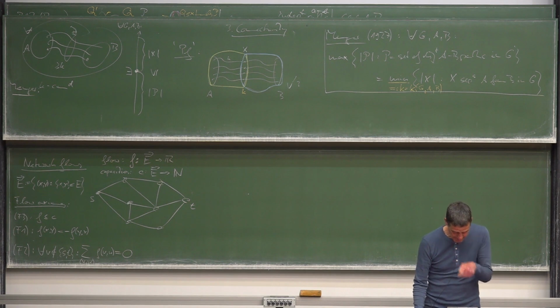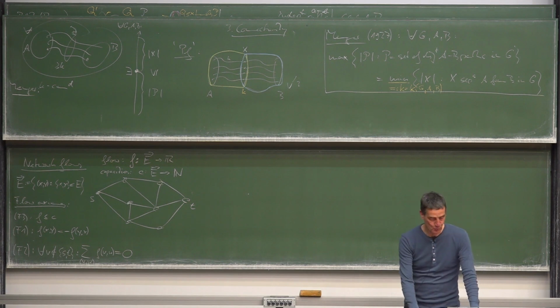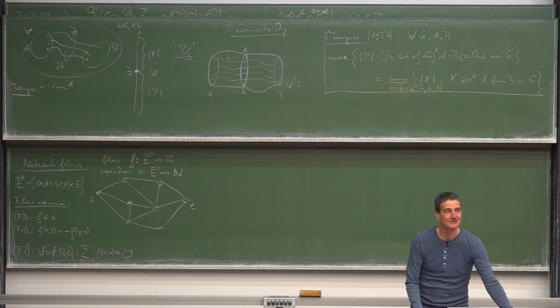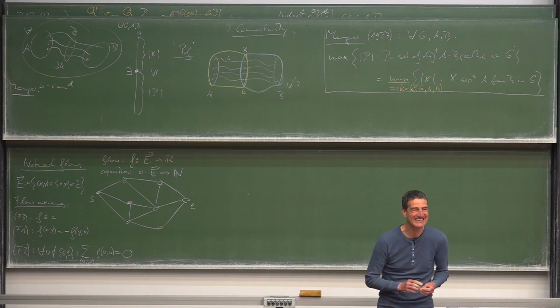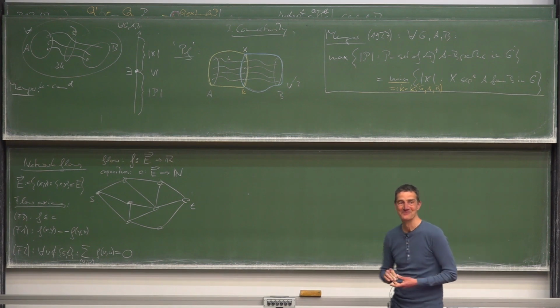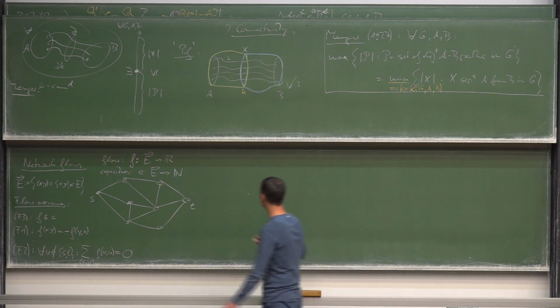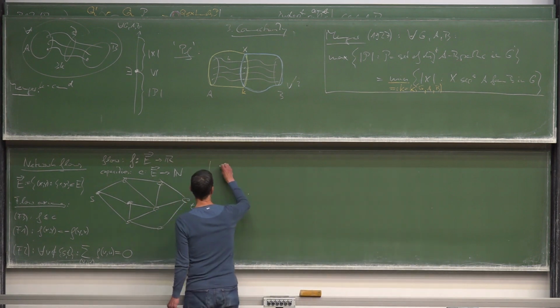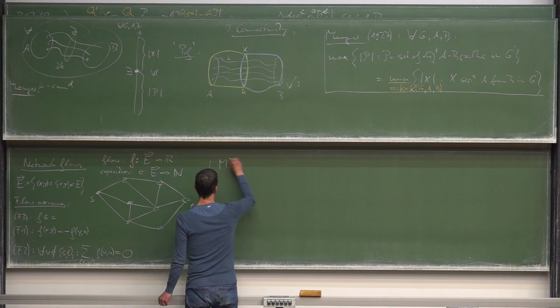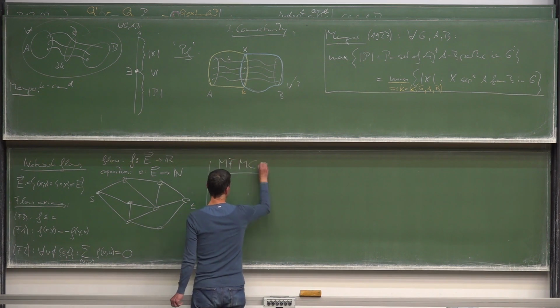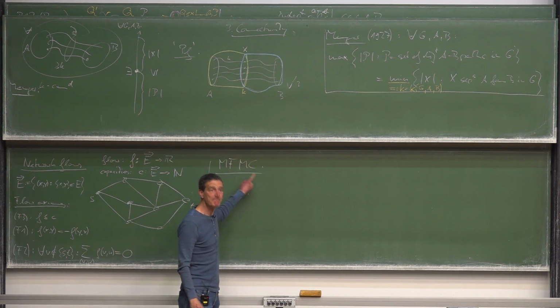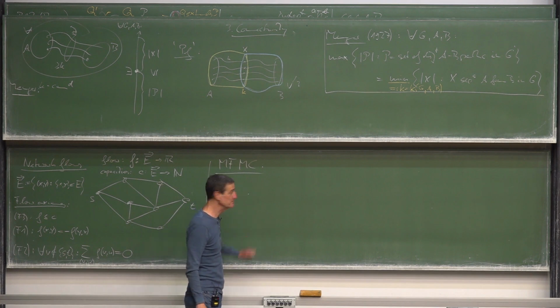Can I spend 5 more minutes proving the theorem? Thank you. So the theorem says, that's the max flow min cut theorem.